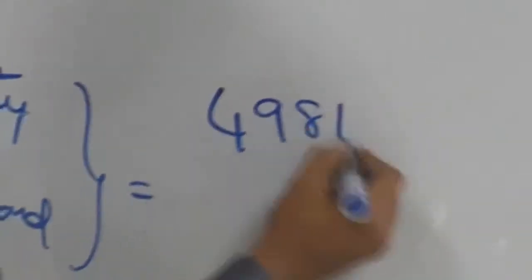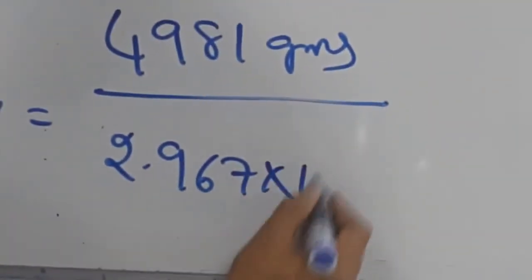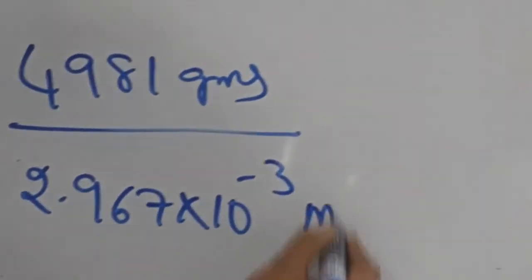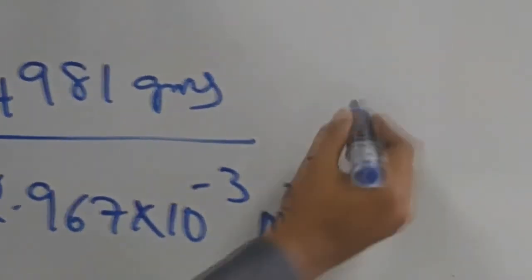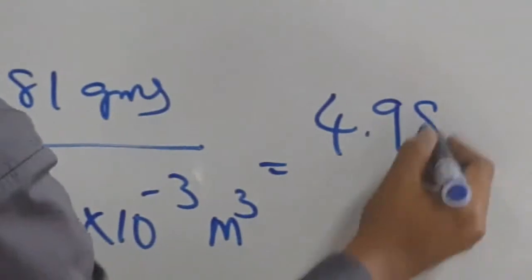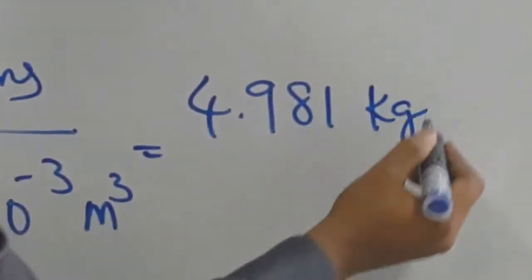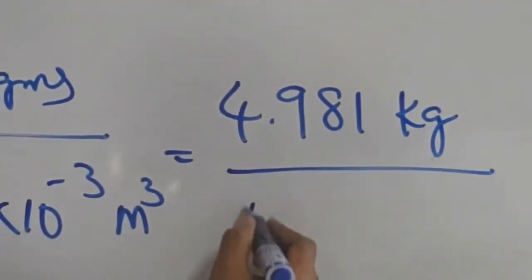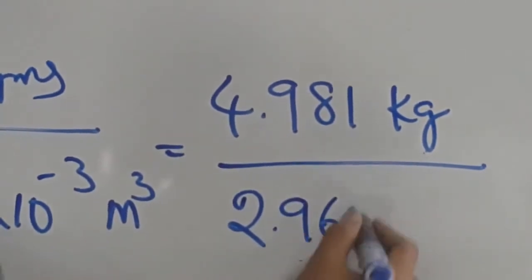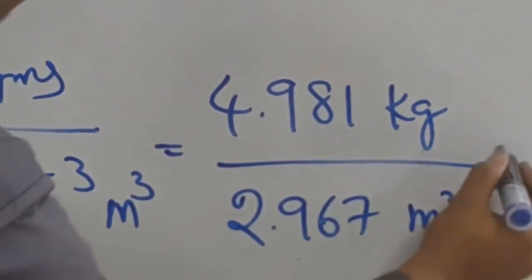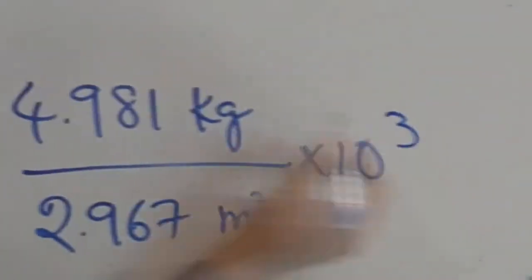So you can calculate the bulk density like 4981 grams over 2.967 into 10 power minus 3 cubic meter. So convert it: 4.981 kg by 2.967 meter cube into 10 cube.